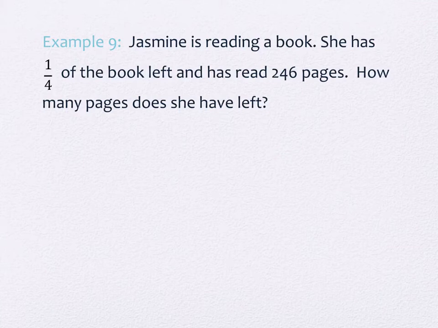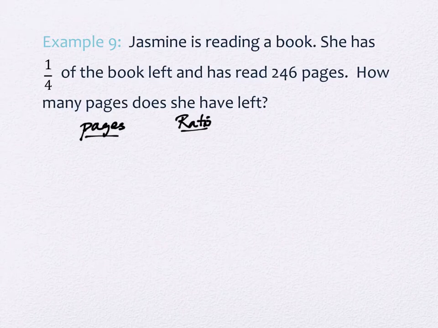Our goal is to set up an equation that compares the two quantities, namely the number of pages compared to, it's not really the percentage, but the ratio of the book that she's read or hasn't read. And that's what we're trying to compare.